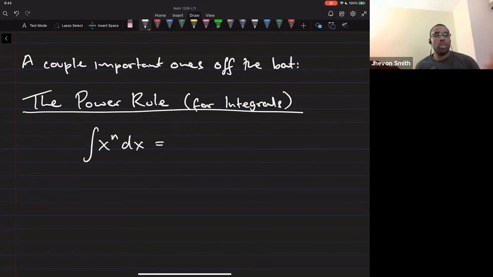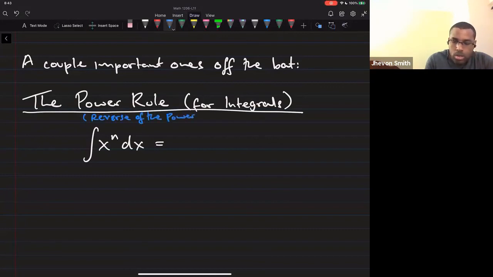So this is essentially the reverse of the power rule for derivatives. Remember how derivatives work.